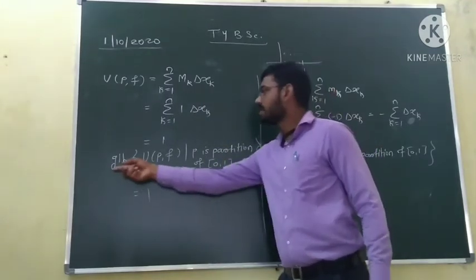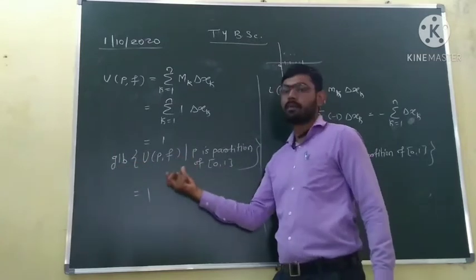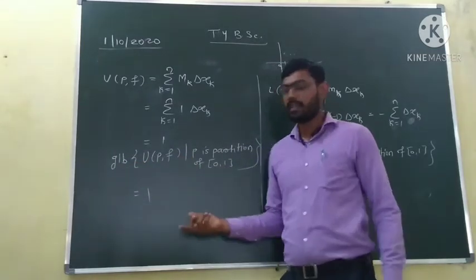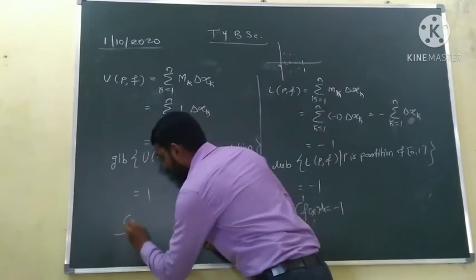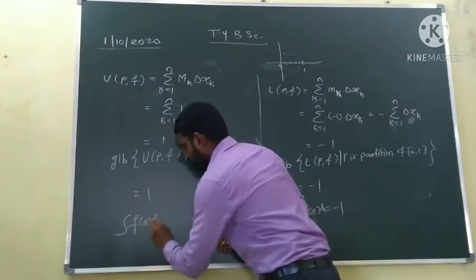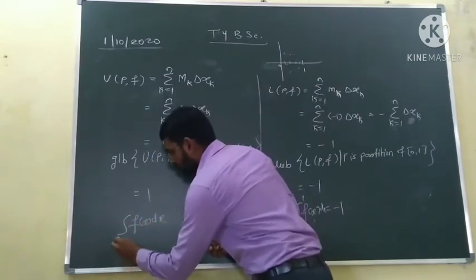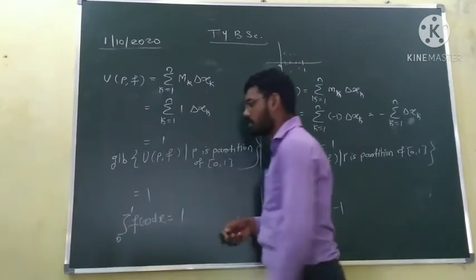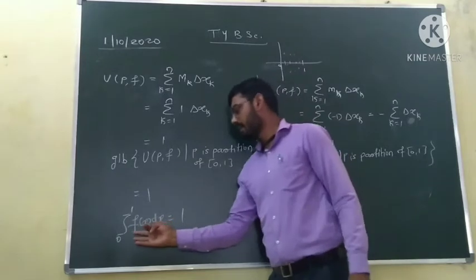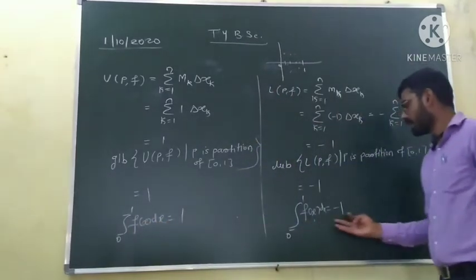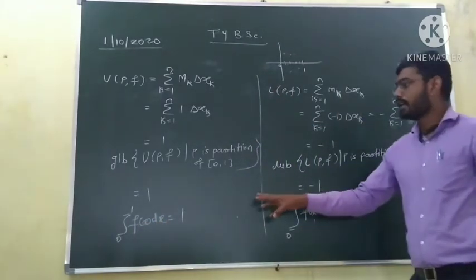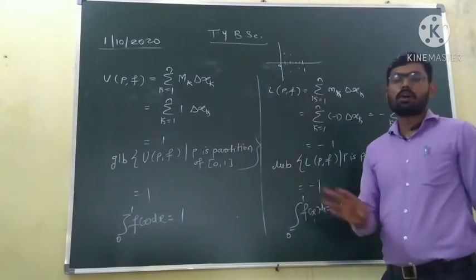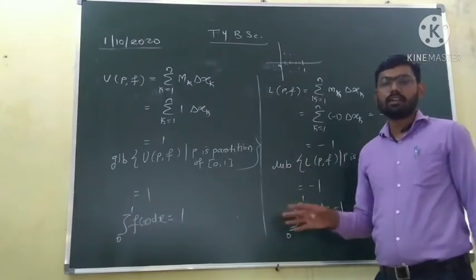And this greatest lower bound of the set of all upper sums, that is what? The upper integral. So the upper integral of the function from 0 to 1 is equal to plus 1. So here the upper integral is plus 1, lower integral is minus 1. So the upper integral and lower integral are not equal. So the function is not Riemann integrable.